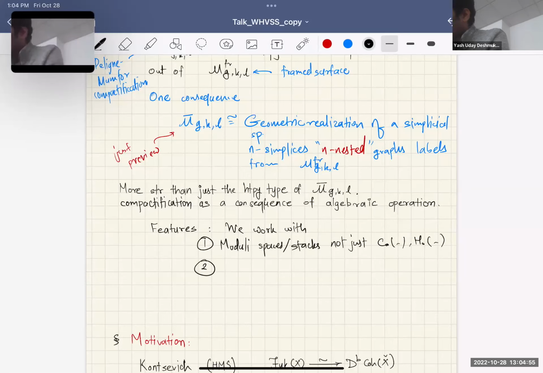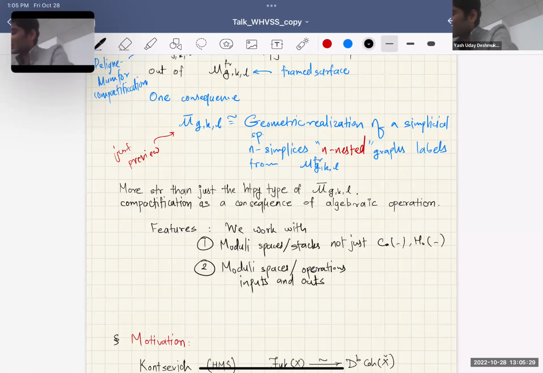The second point is we always work with moduli spaces or operations that have both inputs and outputs. This is especially important coming from Floer theory, because whenever we define operations in Floer theory, we want to write down Floer's equation on a surface, and that requires us to choose some negative ends and some positive ends. So we always work in an algebraic framework where you can incorporate this feature that there are always inputs and outputs of your operation.